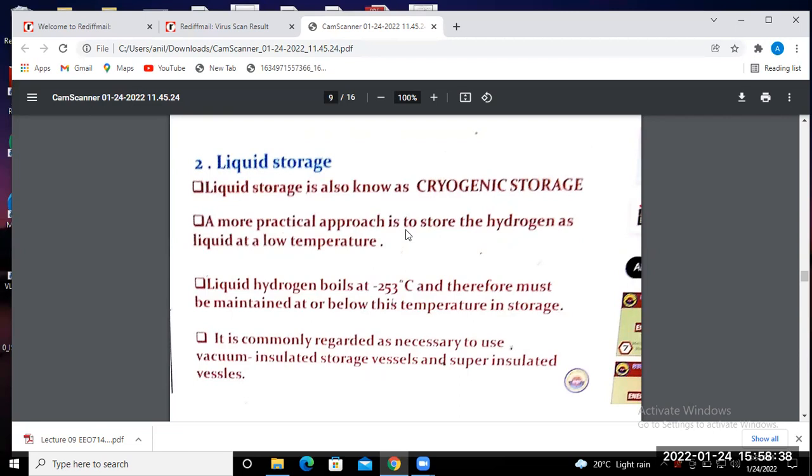And lastly, for the liquid form of hydrogen storage, it is commonly regarded as necessary to use vacuum insulated storage vessels and super insulated vessels, the vessels where you keep the liquid hydrogen. So when we choose liquid hydrogen storage, you have to be concerned about the storage material.